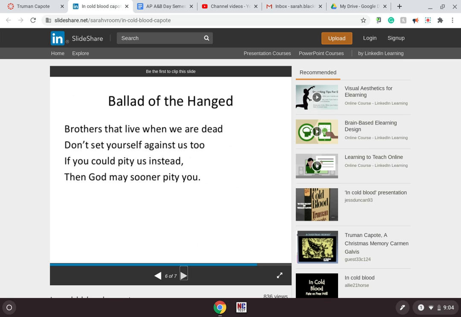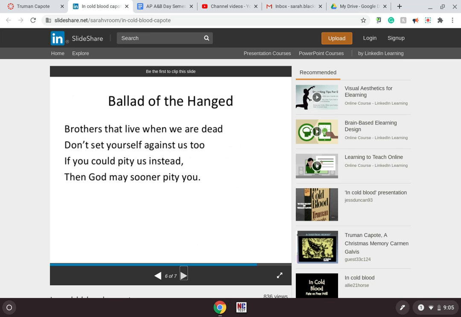And the way that Truman Capote tells this story is quite interesting. It's nonfiction, but he adds elements of narrative into it. He adds elements of rhetoric into it, because we can tell right from the get-go that he is trying to persuade us of something, that even though these killers were caught and hanged, maybe we should feel sorry for them too.